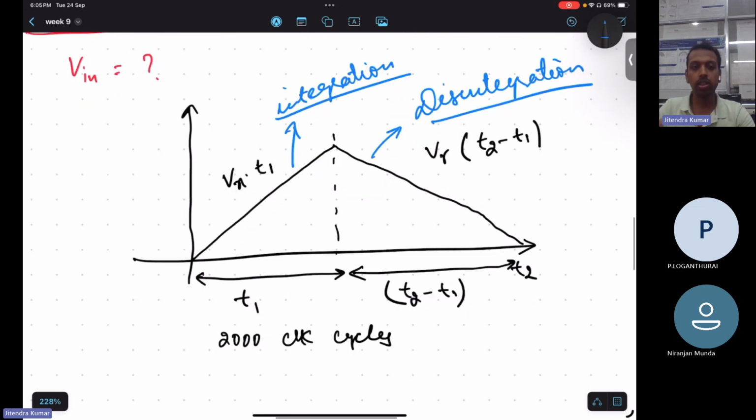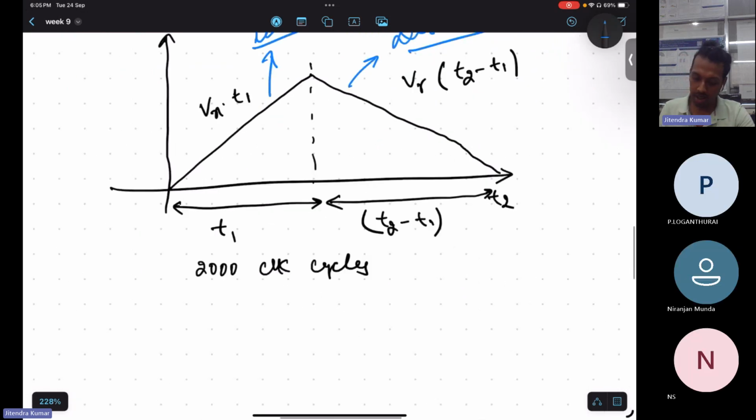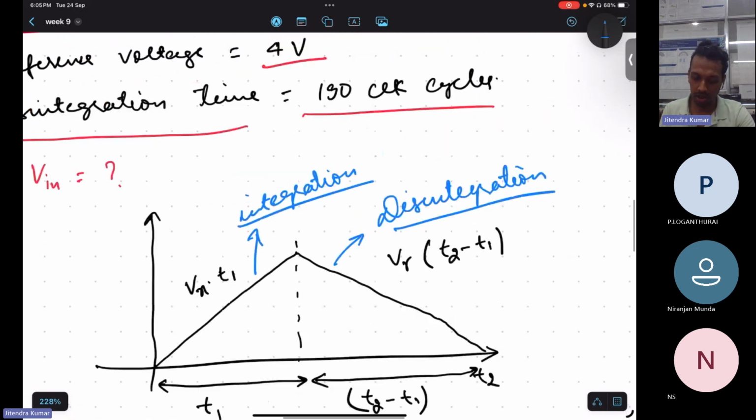So can we equate both the slopes here? Yes, we can equate it. So Vx into T1 is equal to Vr into T2 minus T1. That is what we had to do in our question.